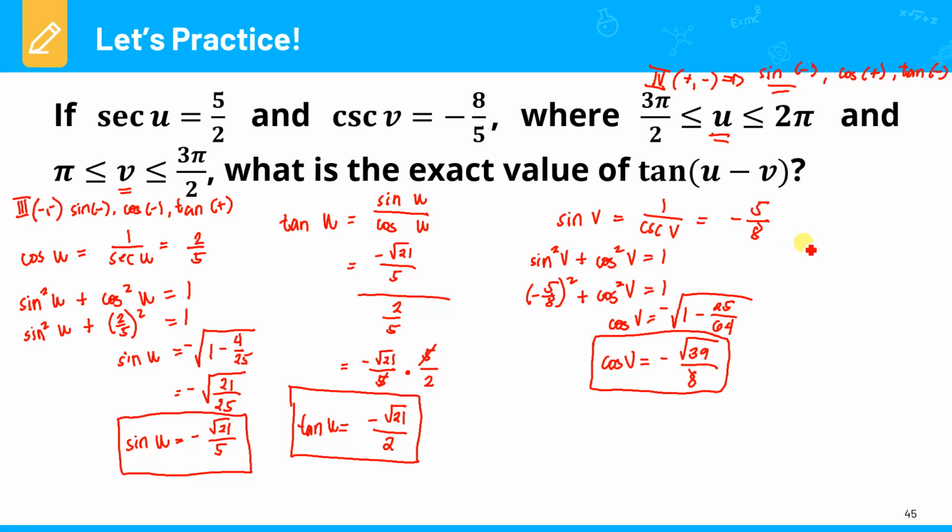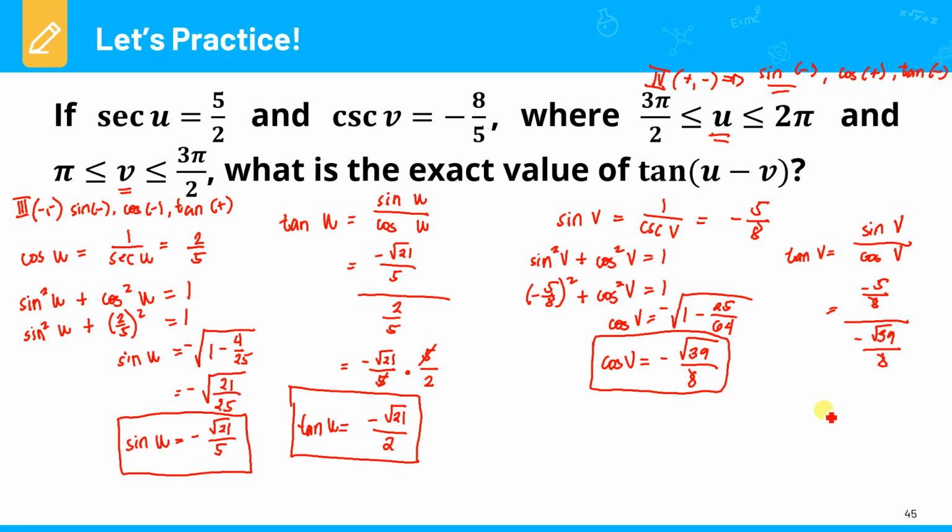Now we can determine our tangent v, which is equal to sine v over cosine v. Our sine is negative 5 over 8 over our cosine, which is negative square root of 39 over 8.